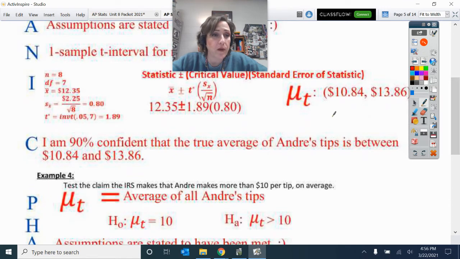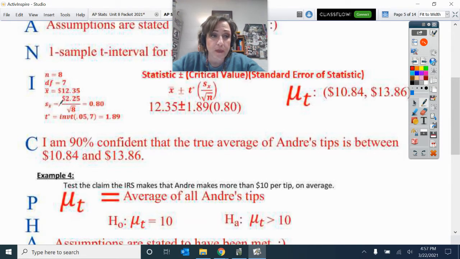I wrote all of this information over here, and I listed the sample size and the degrees of freedom. I just wrote myself some notes. The x bar was 1235. The sample standard deviation, s of x, was 225.